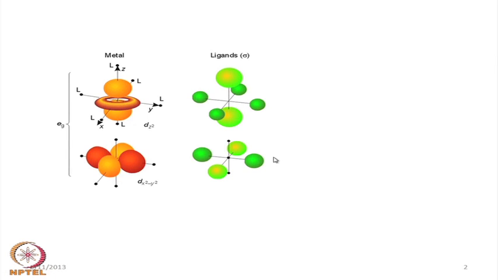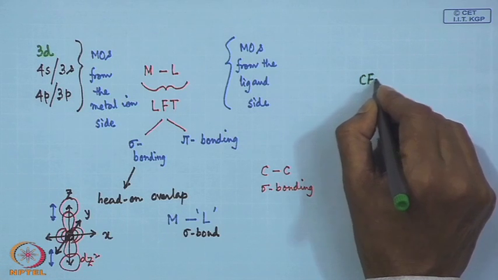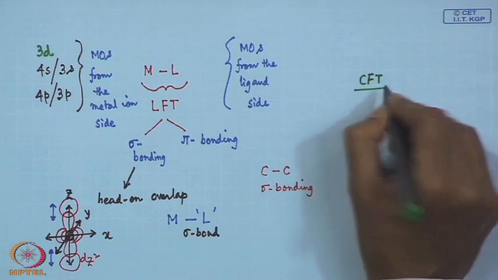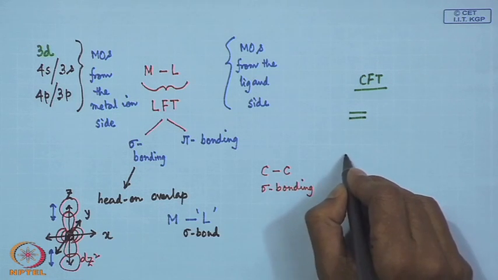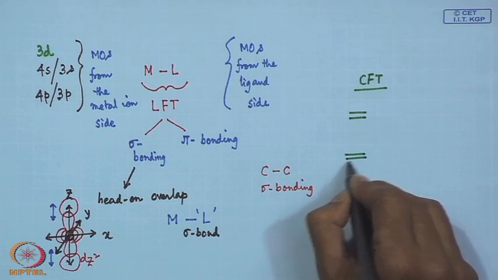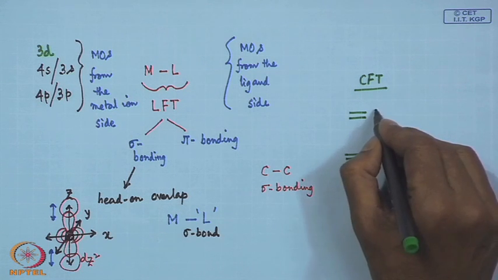Then the other group of orbitals are these two orbitals which we saw in crystal field theory, dz square and dx square minus y square.